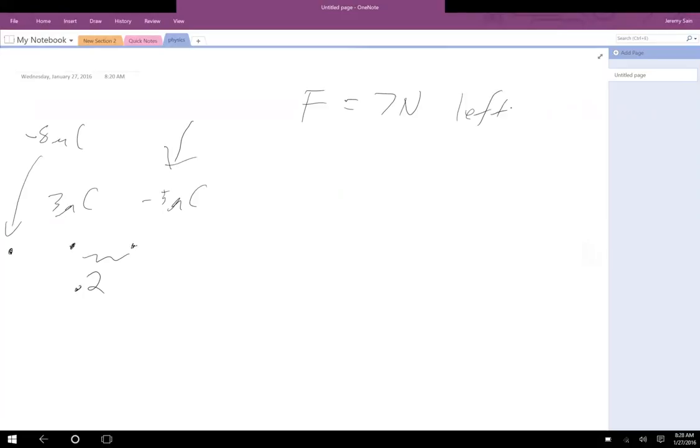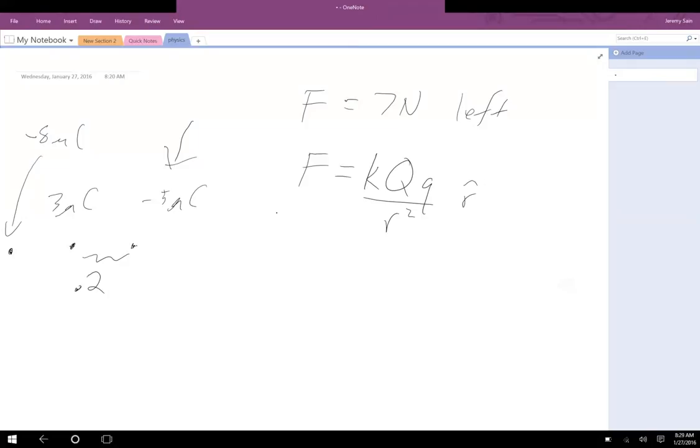Okay. Well, what's the force between two point charges? F is just Coulomb's law. It's K Q Q over R squared, R hat.